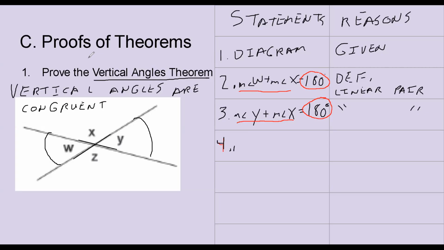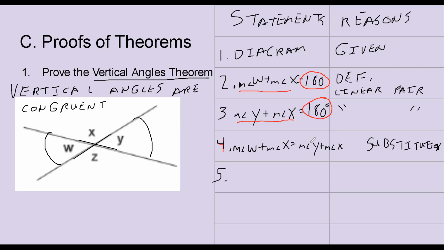So I could say the measure of angle W plus the measure of angle X is equal to the measure of angle Y plus the measure of angle X. Since they are both equal to 180, that means they must be equal to each other. And again, that's substitution. Or you could have said that this is the transitive property. Either answer would be fine there.